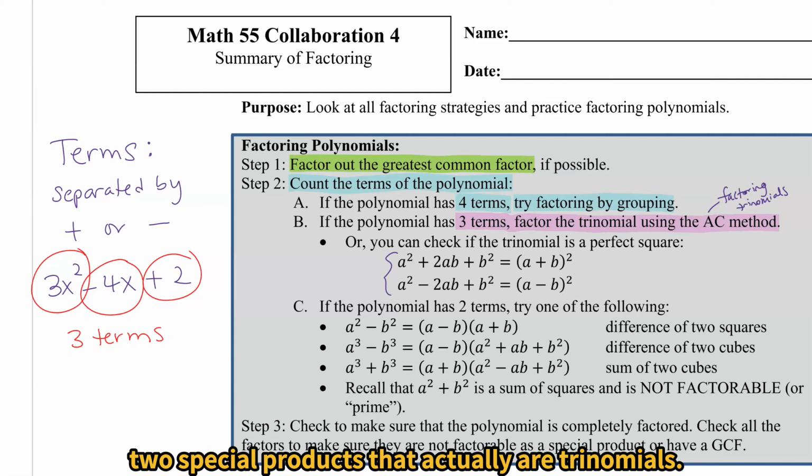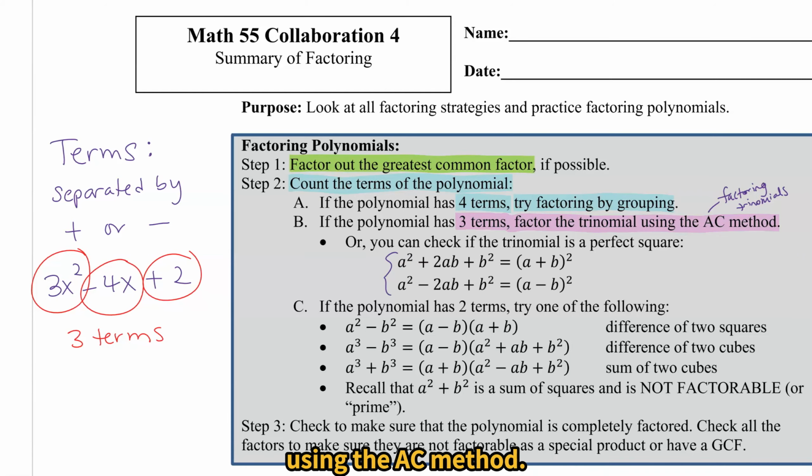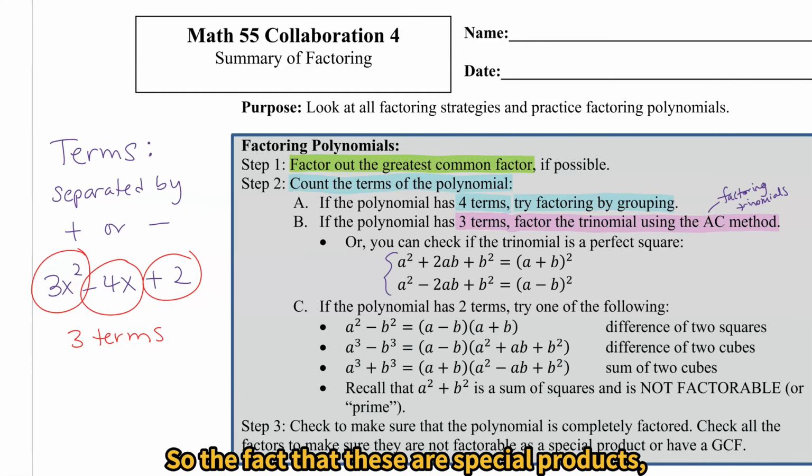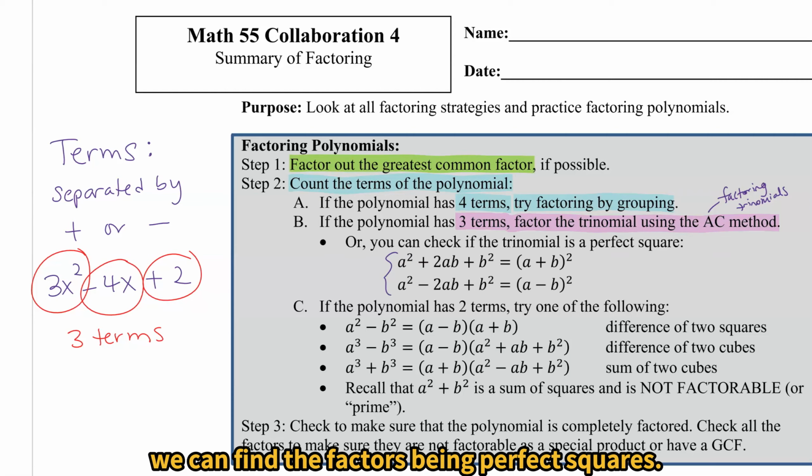We have 2 special products that actually are trinomials, but these trinomials can also be factored using the AC method. Since these are special products, we have the option, if we recognize the pattern, of finding the factors as perfect squares.